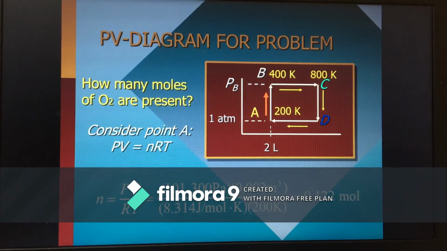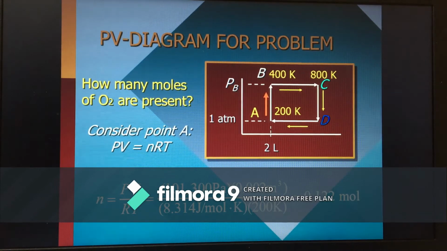Please take note that the ideal gas law, that is PV equals nRT, where n is the number of moles and R is the universal gas constant.